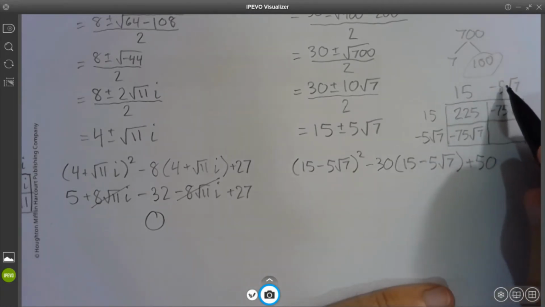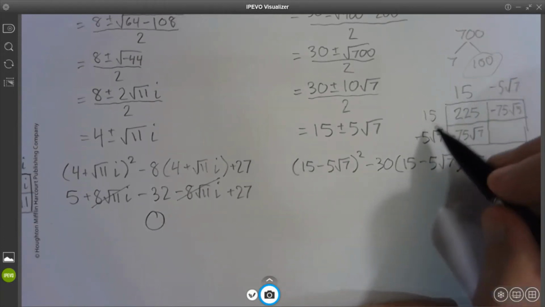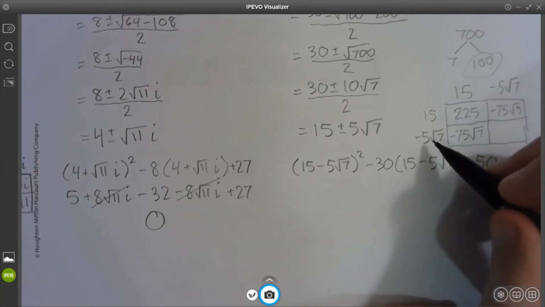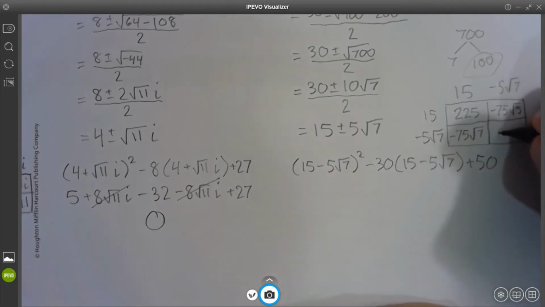5 times 5 is 25. Root 7 times root 7 is 7. So this is going to be 25 times 7. And that is, oh gosh, isn't that also 225? It is, right? Or am I going crazy? 175, not even close. 175.